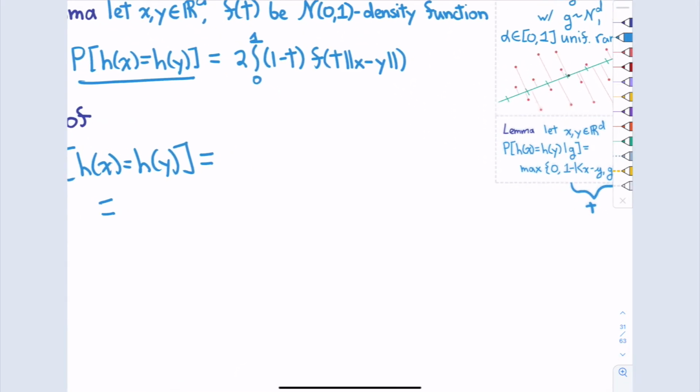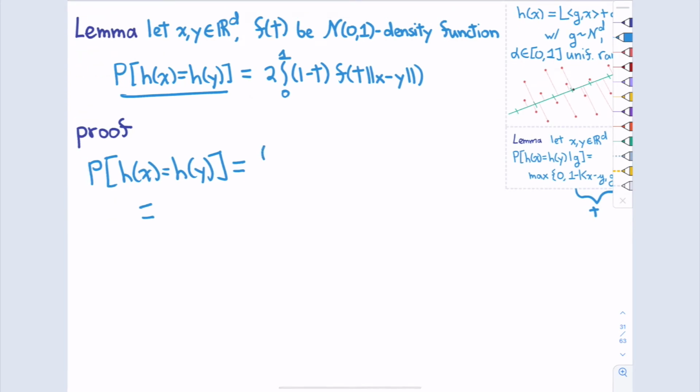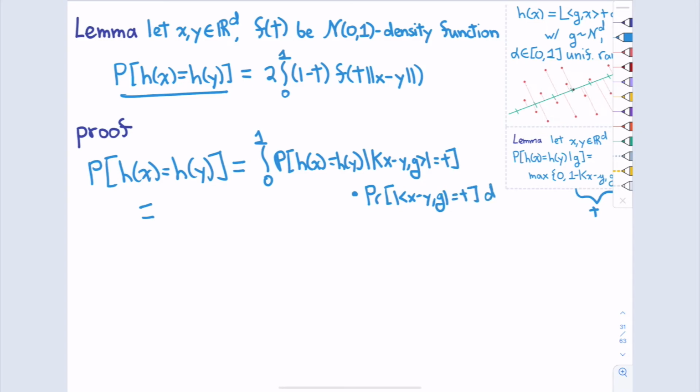Let me first just set it up a little bit. Given that this absolute distance on the line is equal to t, times the probability that the absolute distance on the line is equal to t, dt.